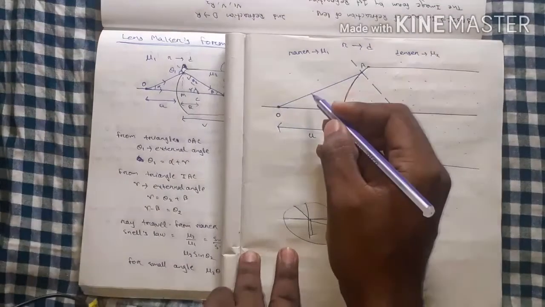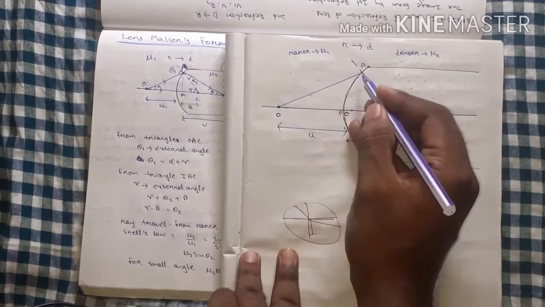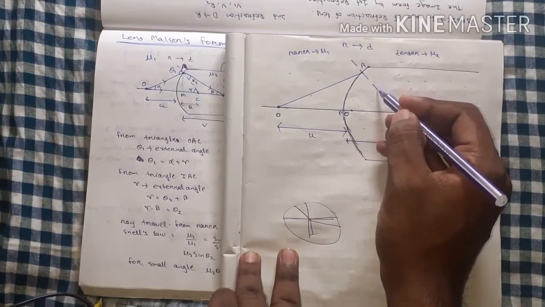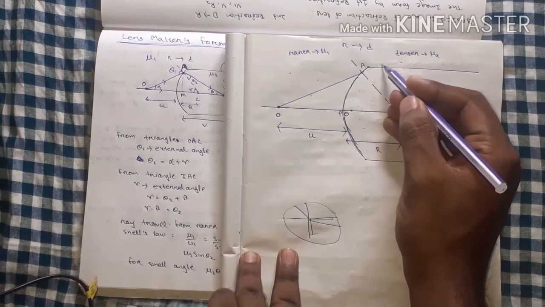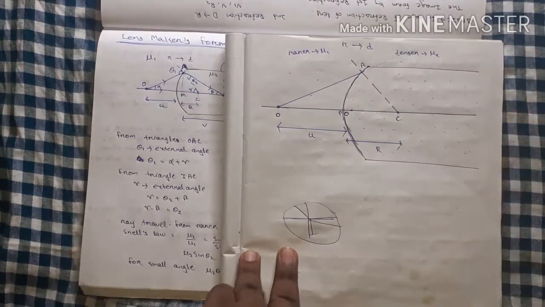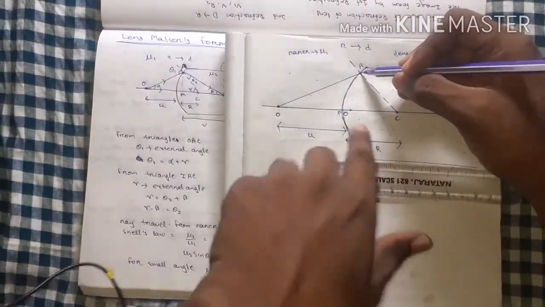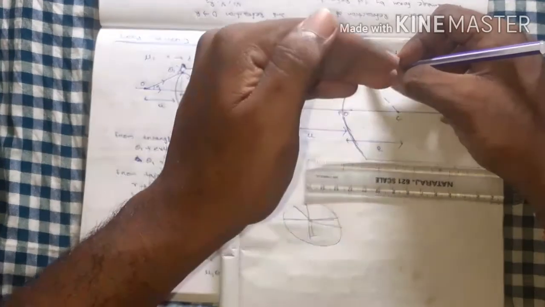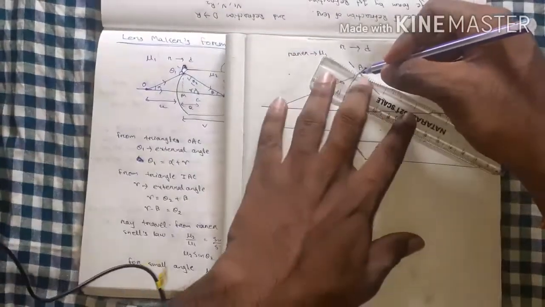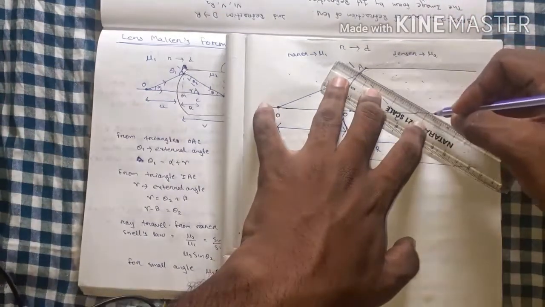This is the original path, but it is bent. Why? Because light travels from rarer to denser, it bends toward the normal.